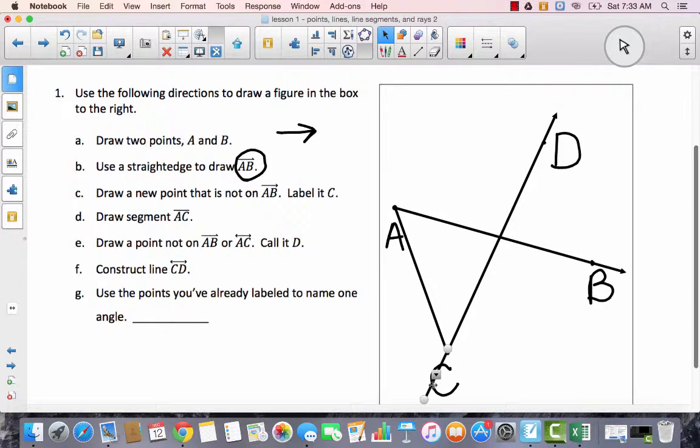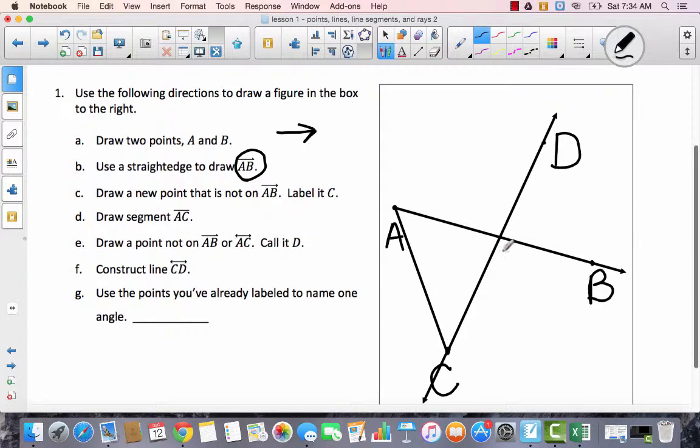Okay. Now use the points you've already labeled to name one angle. So an angle is two rays that are connected with an endpoint. Okay, so I'm looking here and I see an angle, right?